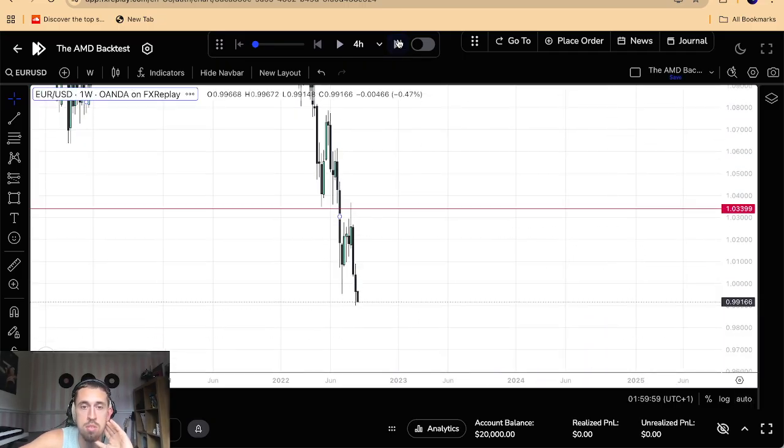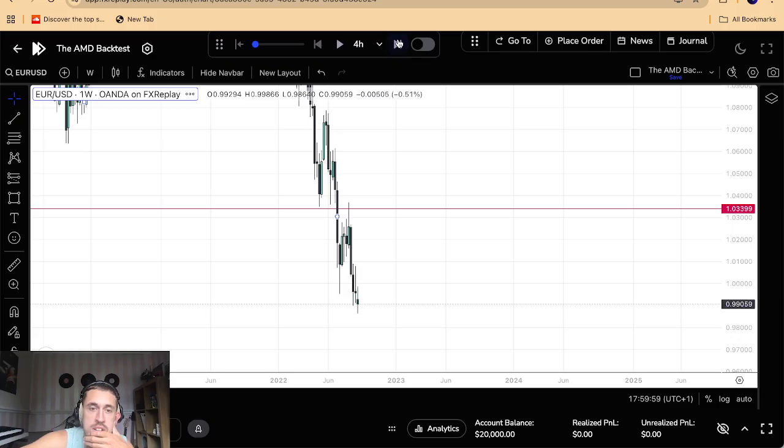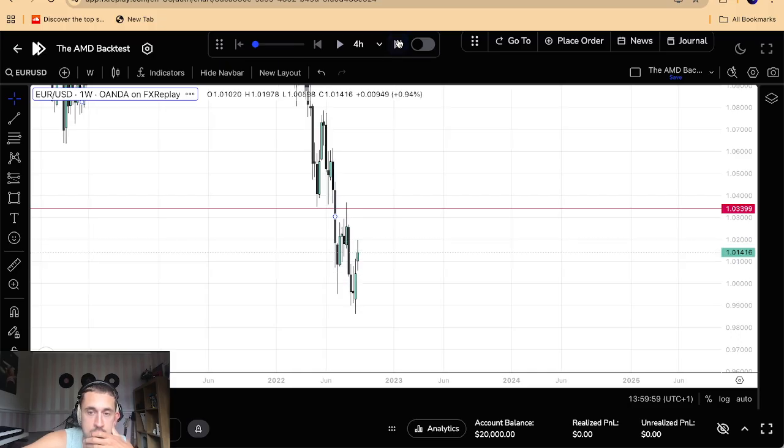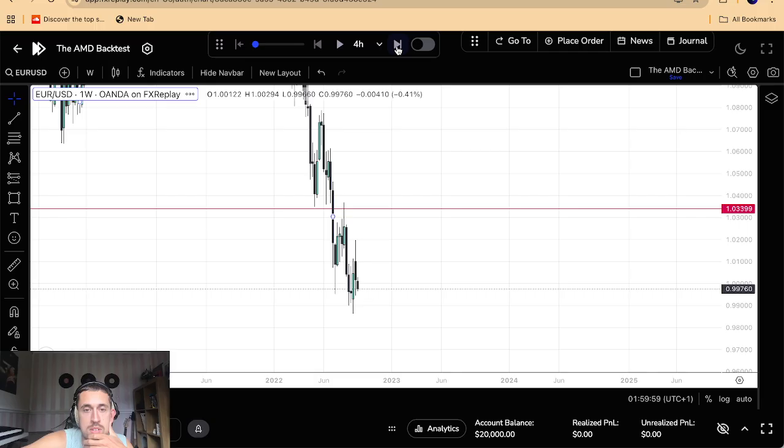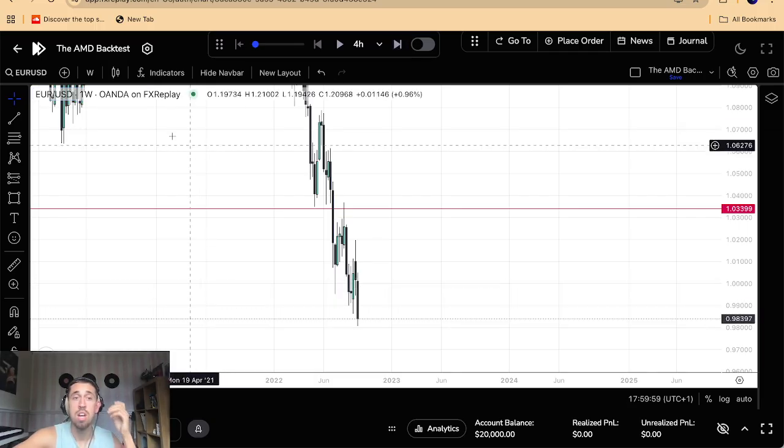It's a weekly candle, remember. So I skipped many days just to get in on this trade. Still kind of not giving me much to get excited about. Okay, are we going to invite this? Still no. Okay, cool.